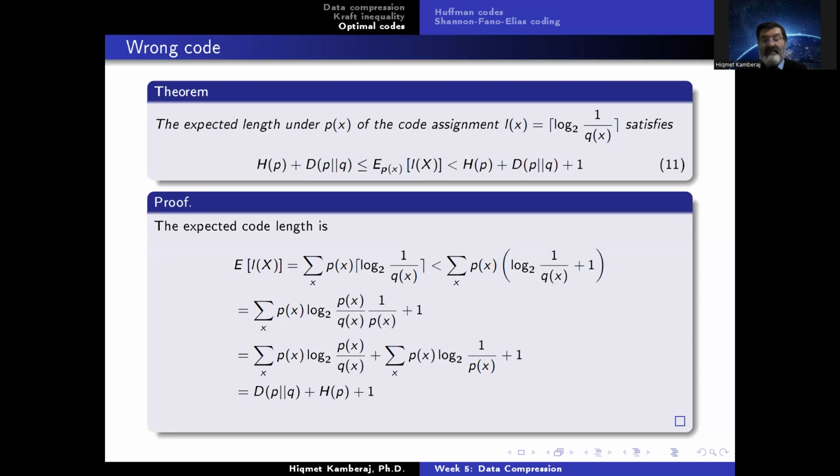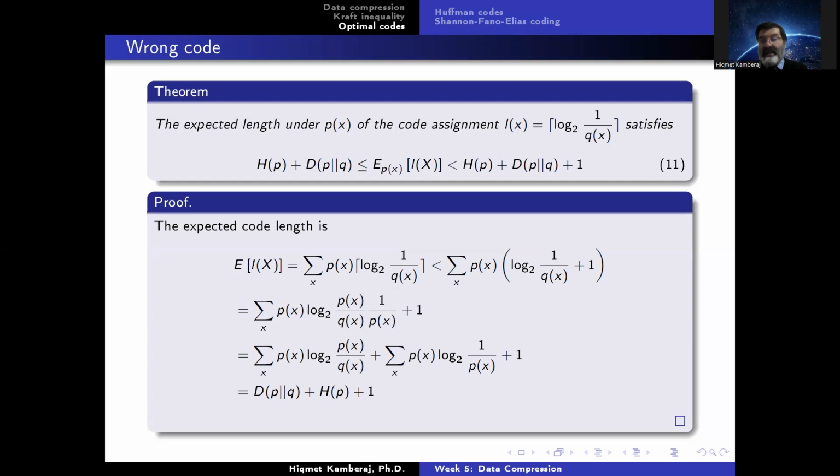One, log with base 2 of P of X over Q of X, and the other one, log with base 2 of 1 over P of X. Now the first term, the sum of all x P of X log with base 2 of P of X over Q of X, gives me the relative entropy between P and Q. The second term gives me the Shannon entropy with proper distribution P of X, plus 1. So I showed here the right-hand side of the equation 11.